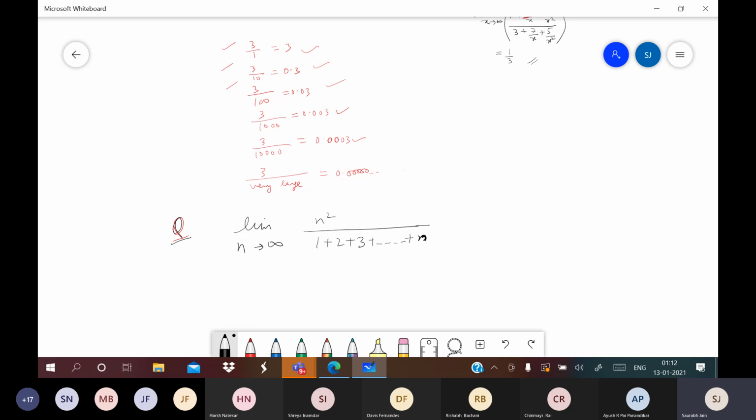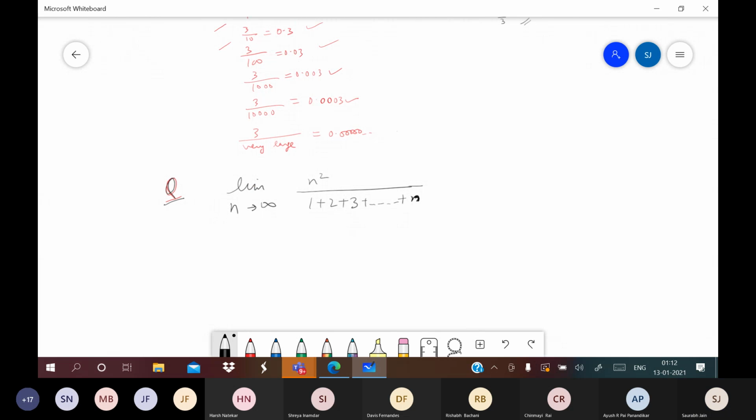Yes, anyone? No one has any idea about this sum? Not seen it anywhere. Yes. How will you add this 1 plus 2 up to n?